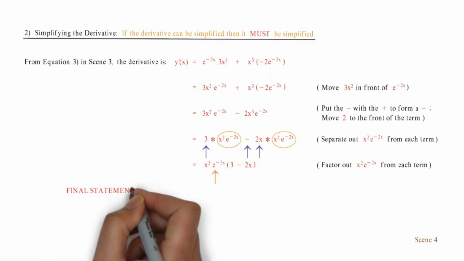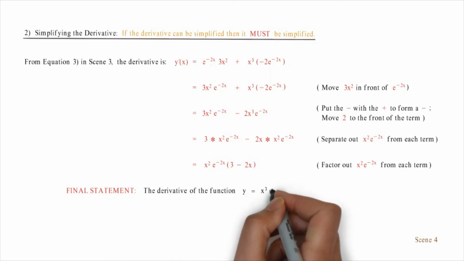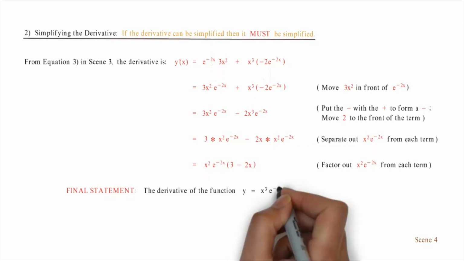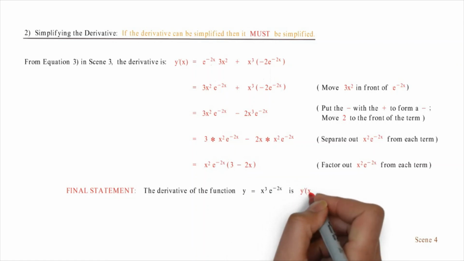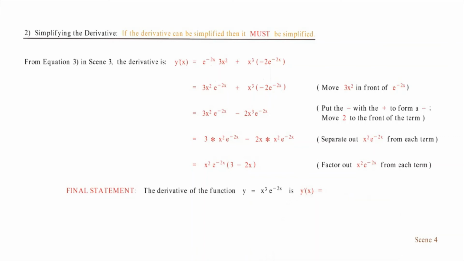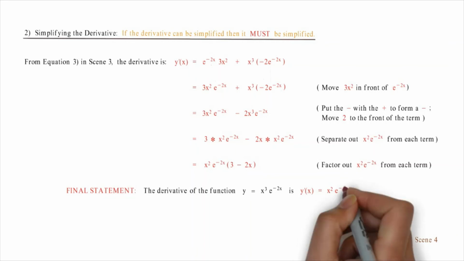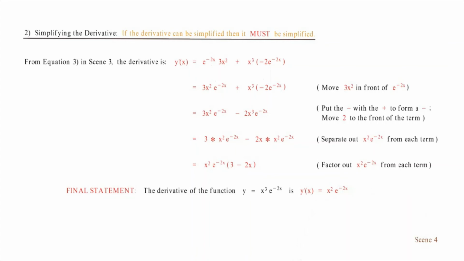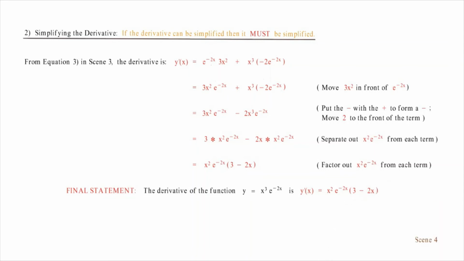Final statement. The derivative of the function y equals x cubed e to the minus 2x is y dash of x equals x squared e to the minus 2x times 3 minus 2x.